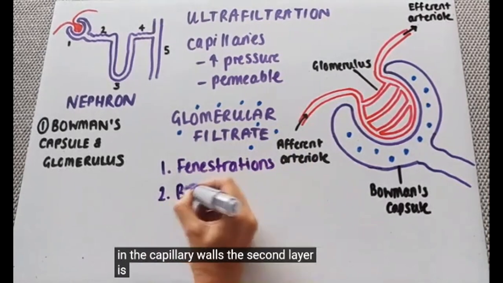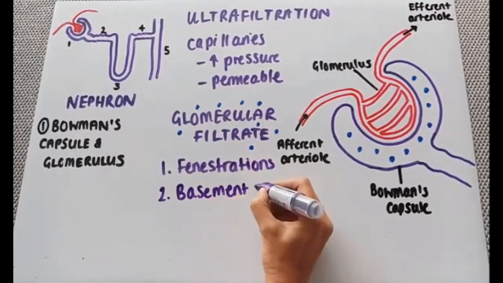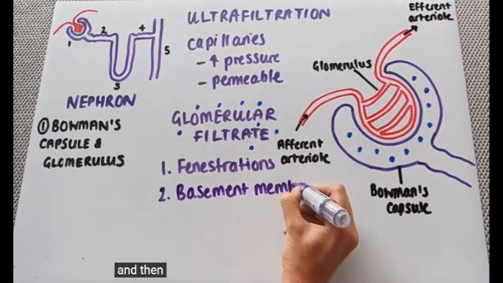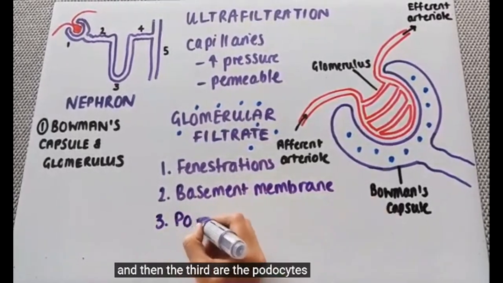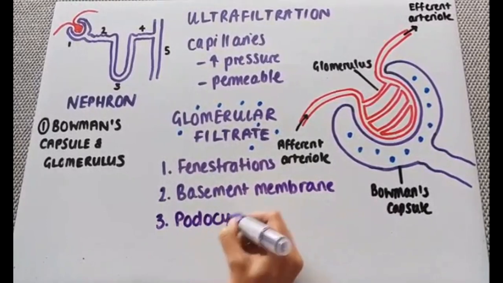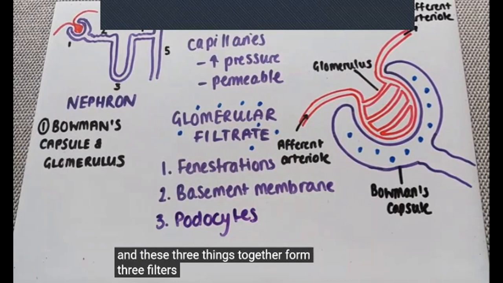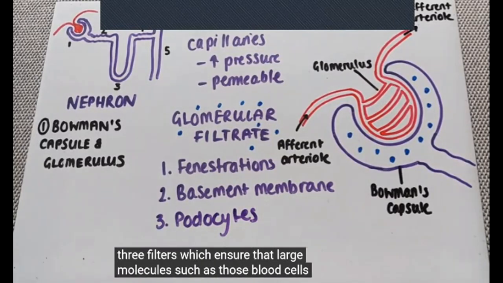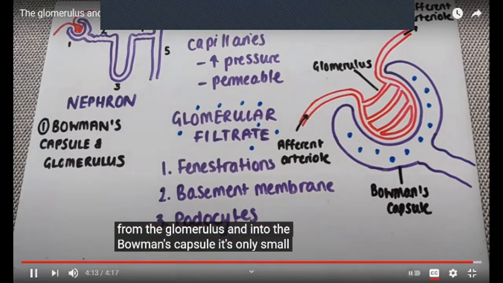The second layer is the basement membrane, and then the third are the podocytes. And these 3 things together form 3 filters which ensure that large molecules such as those blood cells or the proteins are unable to move through from the glomerulus and into the Bowman's capsule. It's only small molecules that are actually able to get through.